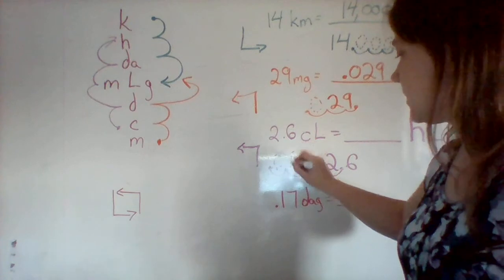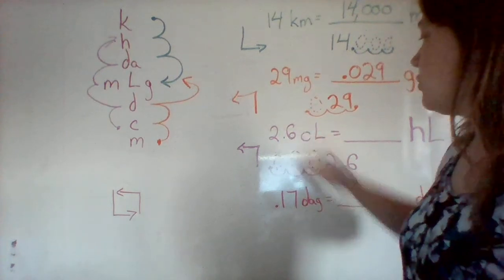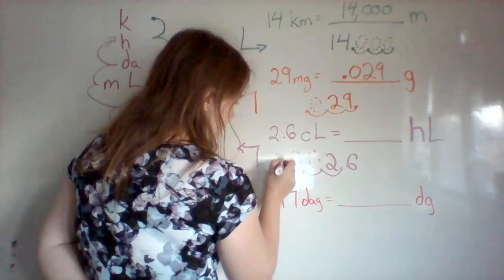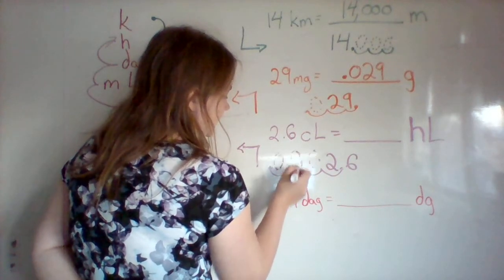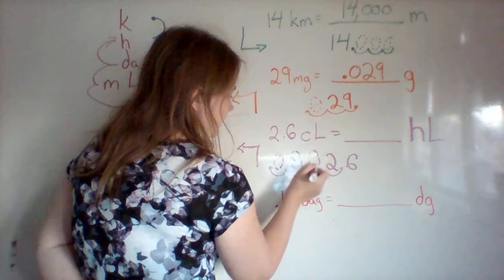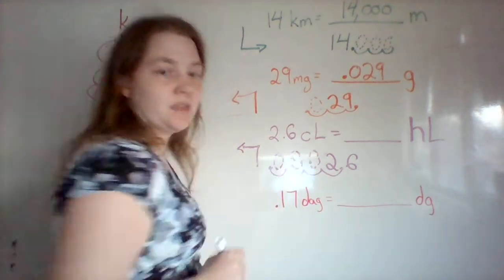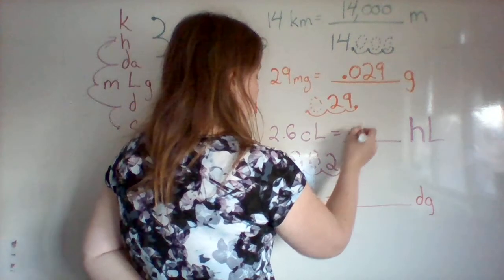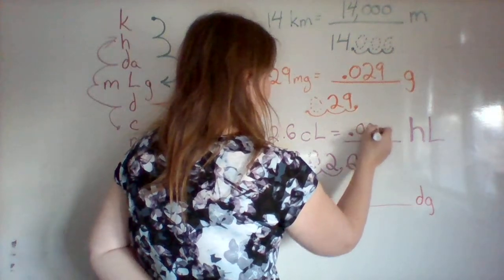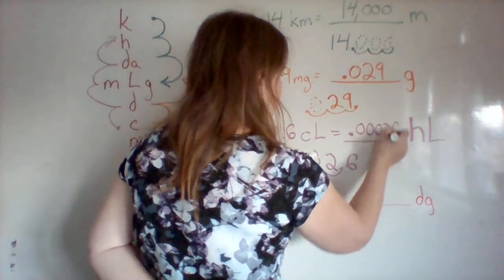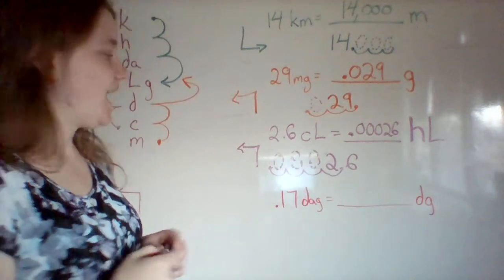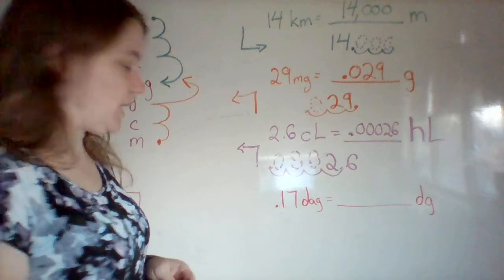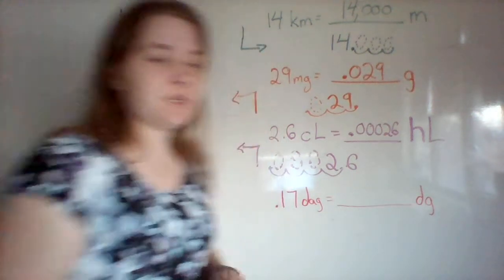Get those invisible zeros. 0.26 centiliters. Invisible zeros do not show up in sunlight. They might be part vampire, who knows. So 0.26 centiliters is going to be 0.00026 hectoliters.